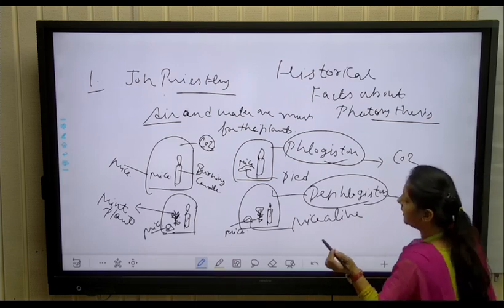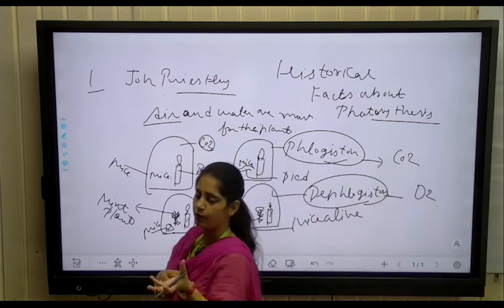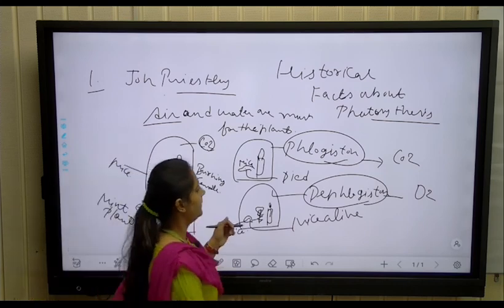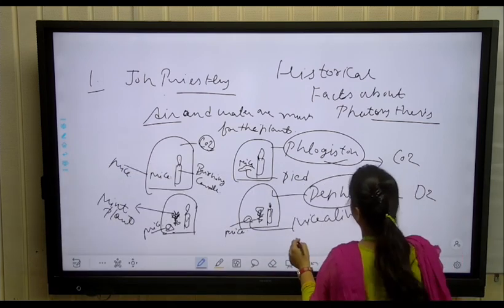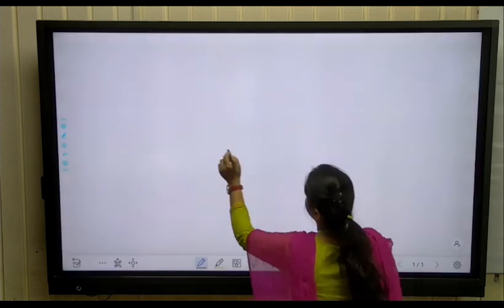So, the mint plant converted CO2 into O2, and this was proved by Lavoisier. The second scientist was Lavoisier.